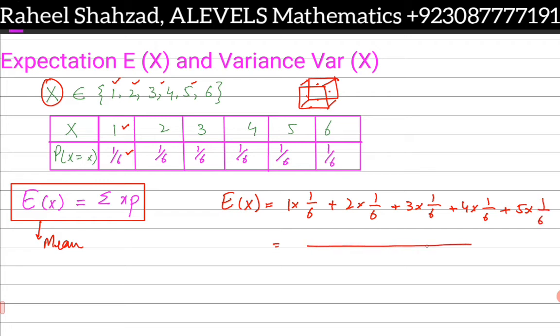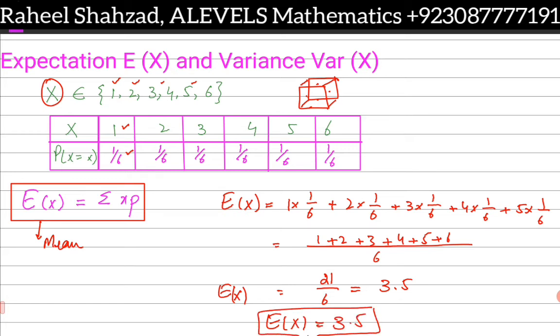That is 1 plus 2 plus 3 plus 4 plus 5 plus 6, which is 21, divided by 6, which is equal to 3.5. So E of x for this data is 3.5, right?